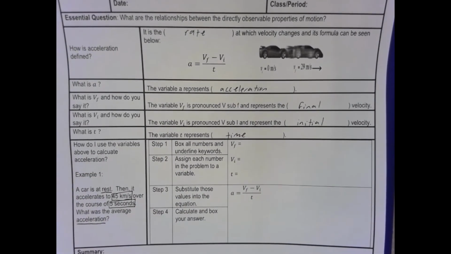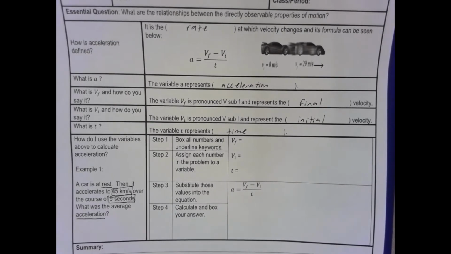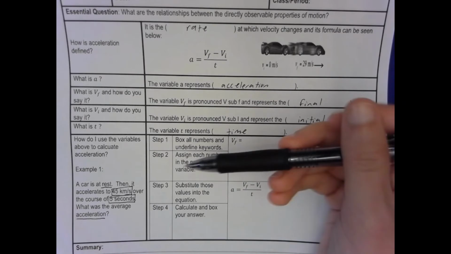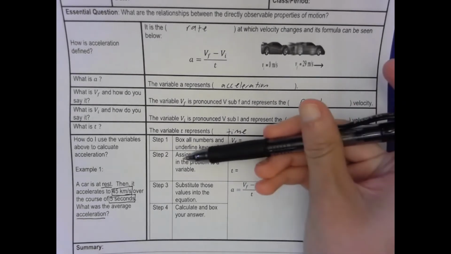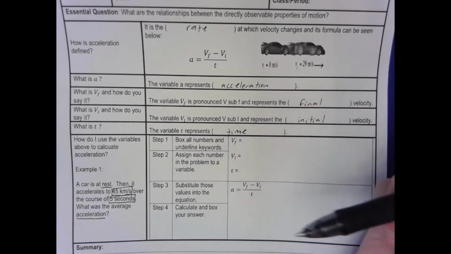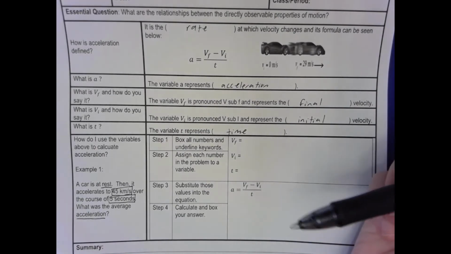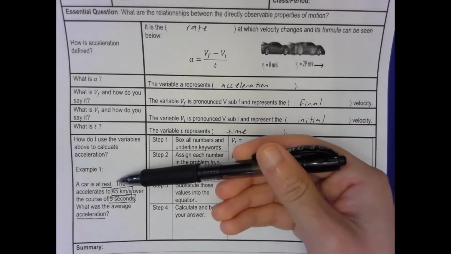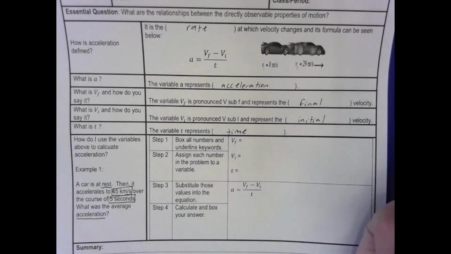Alright, now that we have all of our numbers boxed and our keywords underlined, we're going to move on to step number 2. Assign each number in the problem to a variable. First things first, I said that being at rest was a very important word because it actually represents a number. If we're at rest, how fast is the car going?